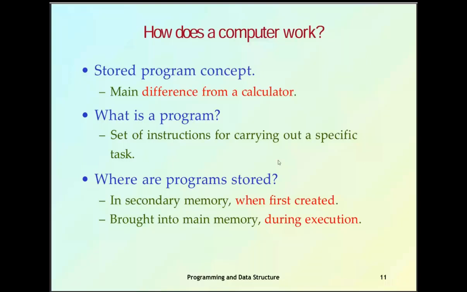Now let us talk about what a program is. As we are talking about the subject programming and data structures, let me first define what a program is. Technically, a program can be defined as a set of instructions for carrying out a specific task. We are provided with a certain task, and that task can be divided into multiple doable instructions.